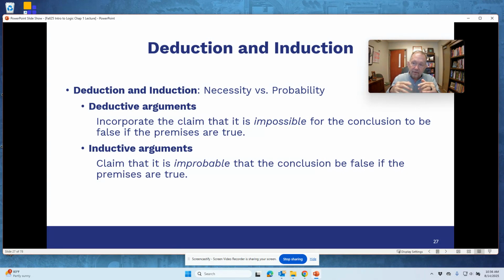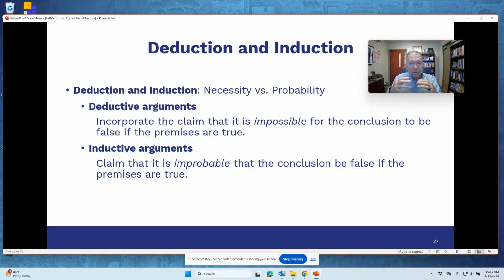And you'll see that deductive arguments fit into certain categories like math and science and other things where we're making arguments built out of facts. And therefore, if the facts are correct, the conclusion necessarily has to be.